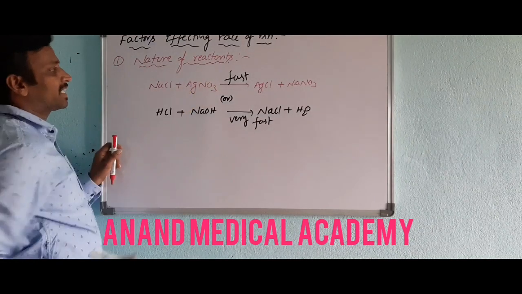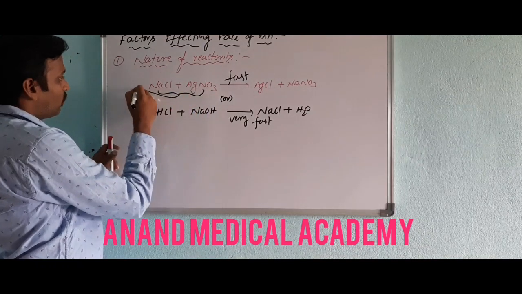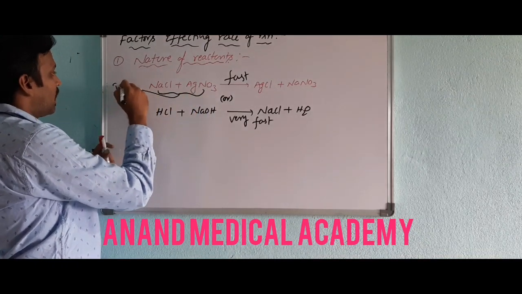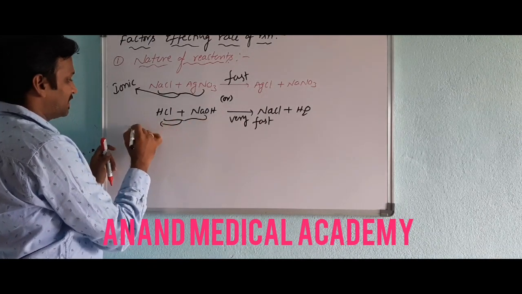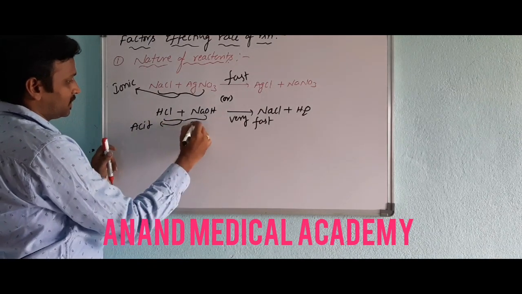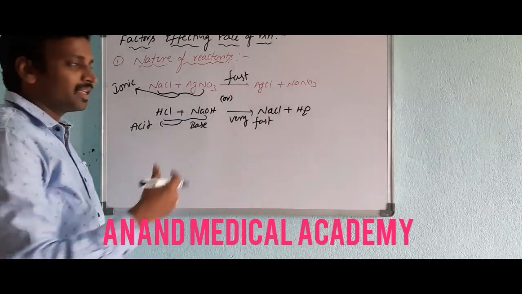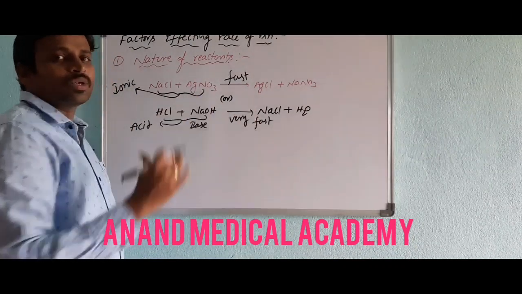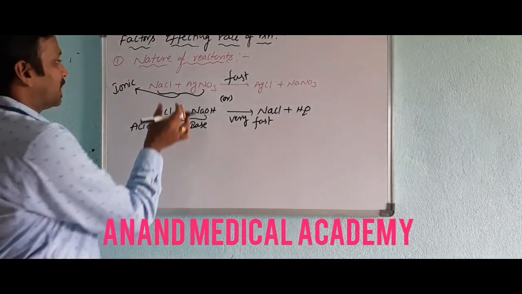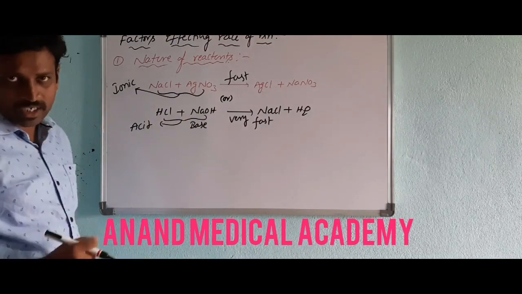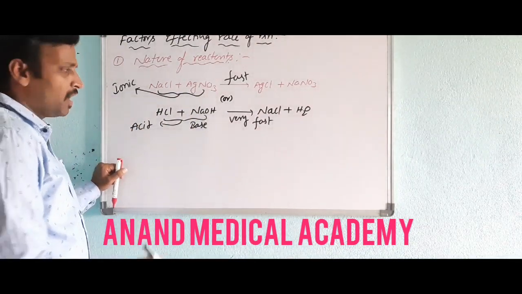So nature of reactants, if ionic, these are what kind of reactants? Ionic reactants. These are what? Acids and bases. This is acid and this is base. So if the reactants are ionic, the reaction takes place with a higher rate, means speed will be more. Speed of reactions is very high.